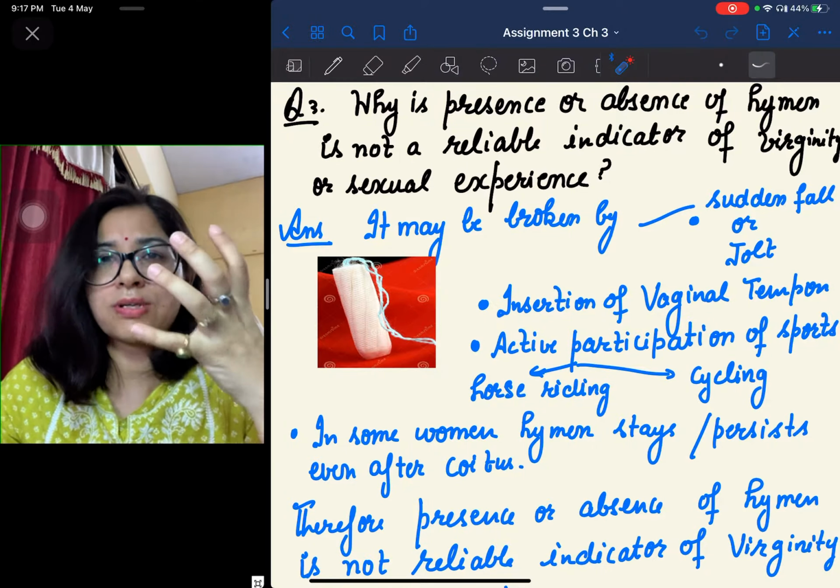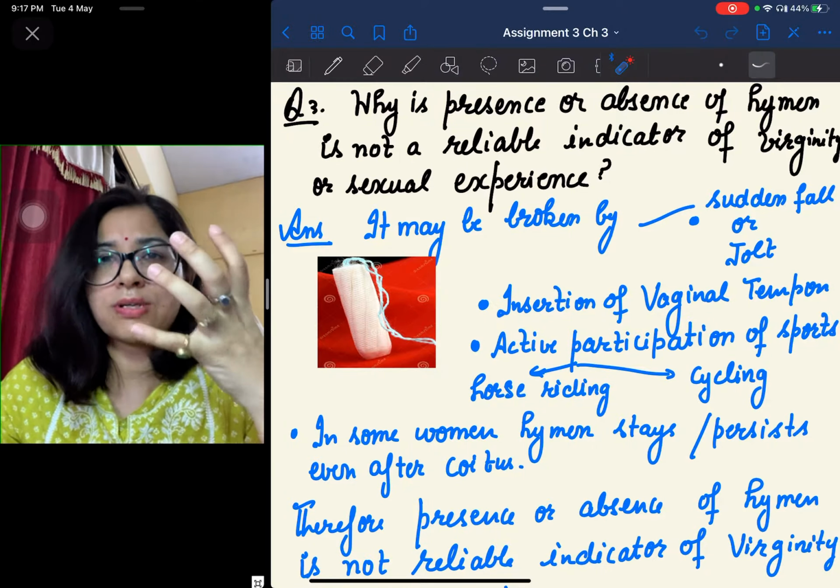So हाइमन का break होना is not a reliable indicator of virginity or of sexual intercourse, because it can be broken by a sudden fall, horse riding, vigorous exercise, or the vaginal tampon.